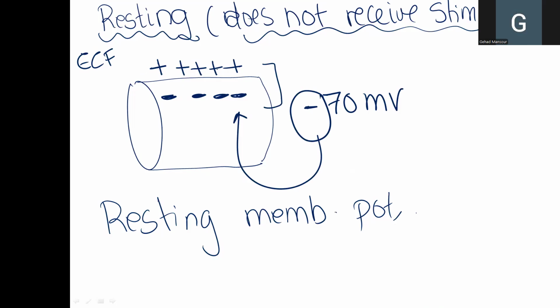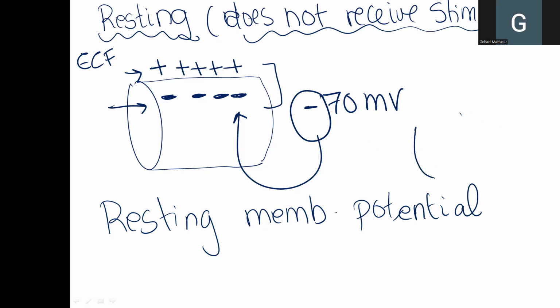Does this mean that there are only positive ions outside the membrane? No. But this means that the overall algebraic sum of the charge outside is positive and the overall algebraic sum inside is negative. So there is a difference in electric charge between the outside and the inside that is negative inside, and the value is minus 70 millivolts. This is the resting membrane potential.